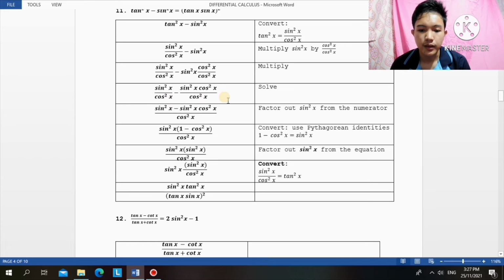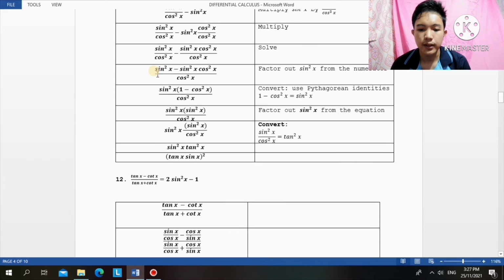So since they have the same denominator, our equation will be sine squared x minus sine squared x times cosine squared x over cosine squared x. Then factor out sine squared x from the numerator. So our equation will be sine squared x times 1 minus cosine squared x over cosine squared x. Then use the Pythagorean identity: 1 minus cosine squared x is equal to sine squared x.